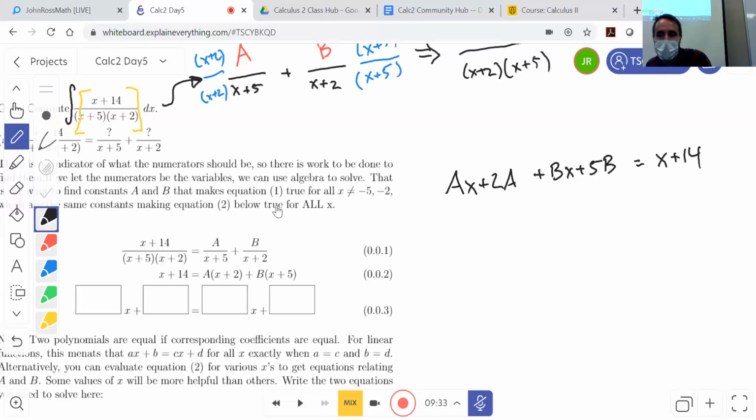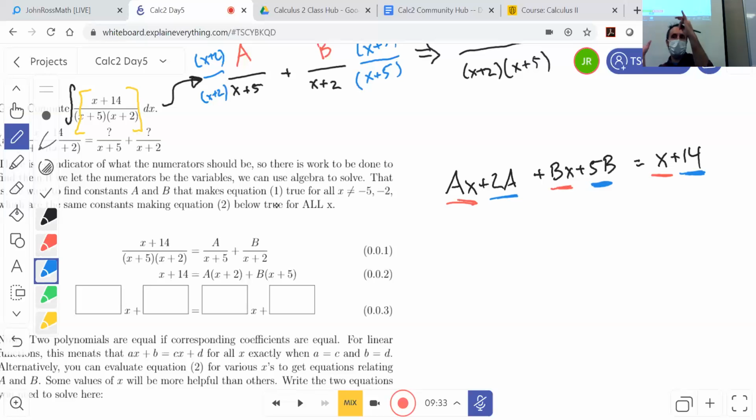And so to do that, we realize that this will only be true if our x terms, so Ax and Bx on the left-hand side, are equal to our x terms on the right-hand side. And simultaneously, if our non-x terms, our constant terms, so 2A and 5B, equal our non-x terms on the right-hand side.